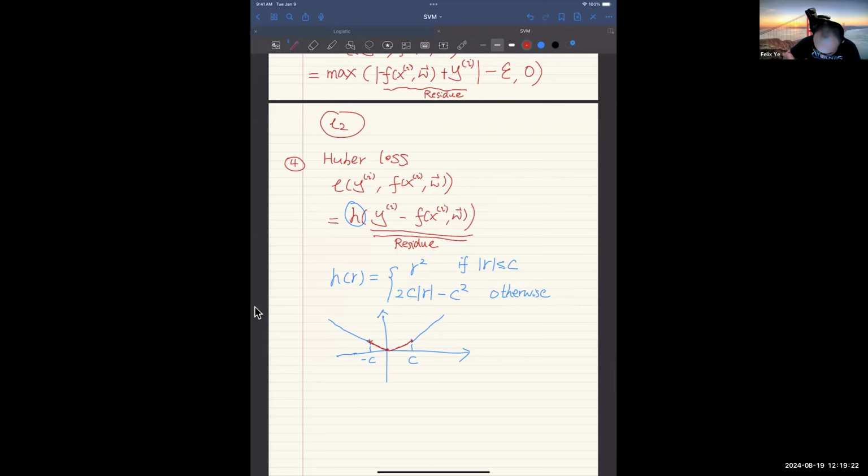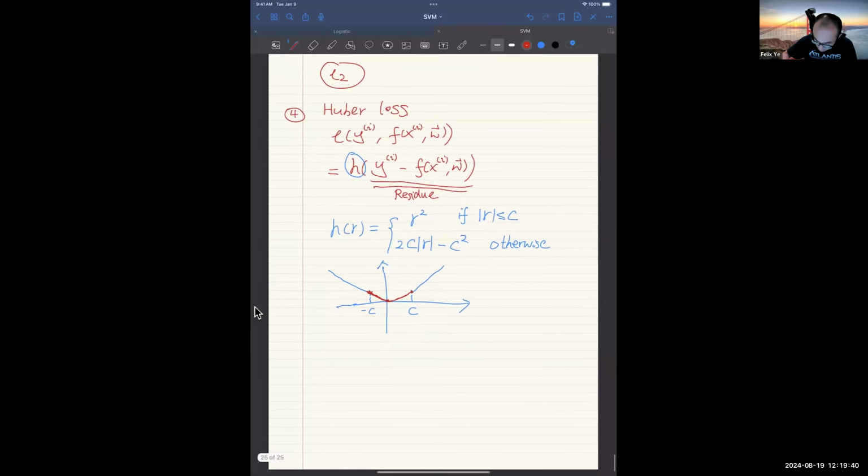And the key here is it's also differentiable at minus c and c. So basically, you can always use gradient descent to solve these problems. So this is a mix of quadratic and linear loss functions.